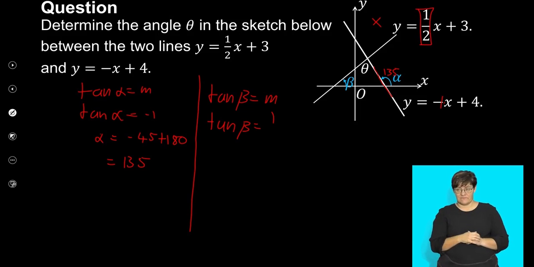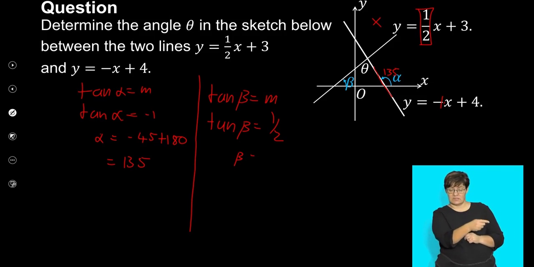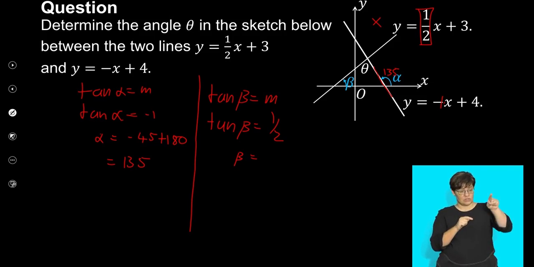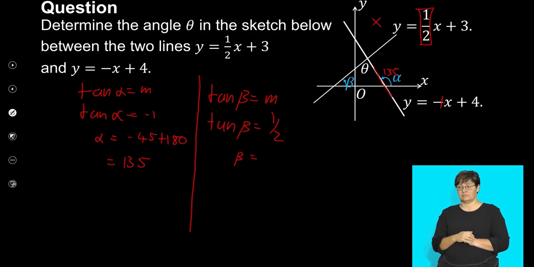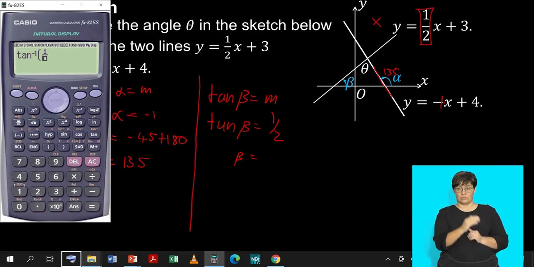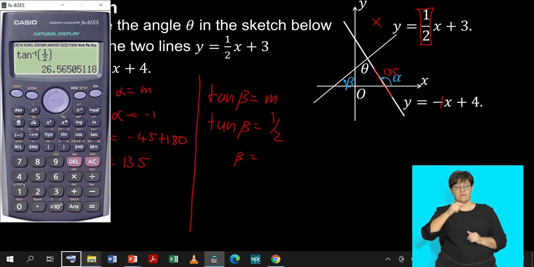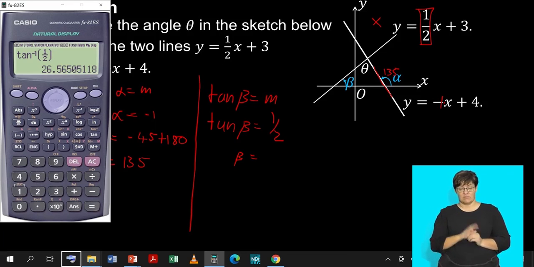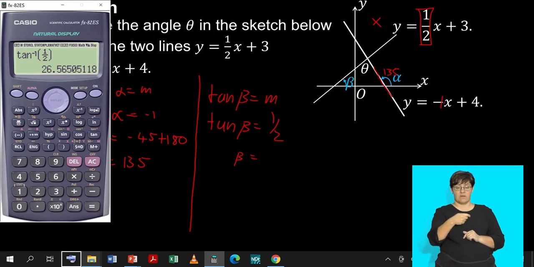And so I'm going to say tan beta is equal to a half. Now I need to calculate what beta is, and so I'm going to use shift tan on my calculator. If I go shift tan of 1/2, what do I get? I get 26,57. Remember, we rounded up for that when we did this last time.